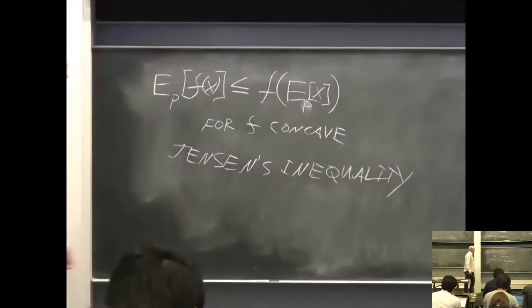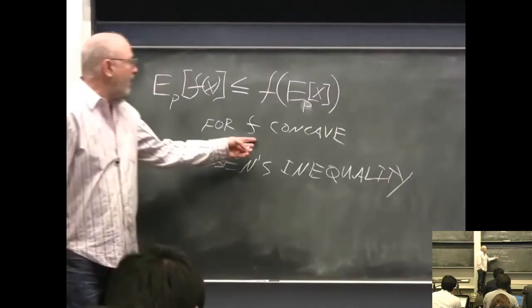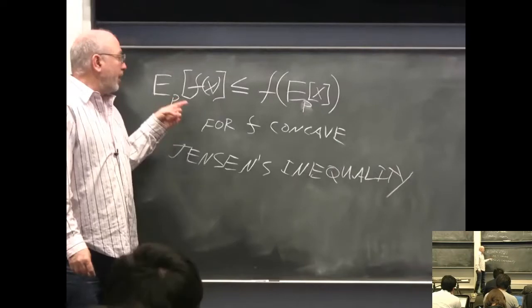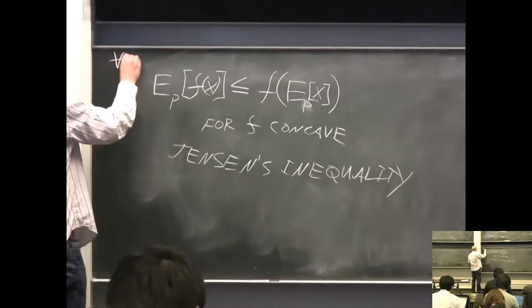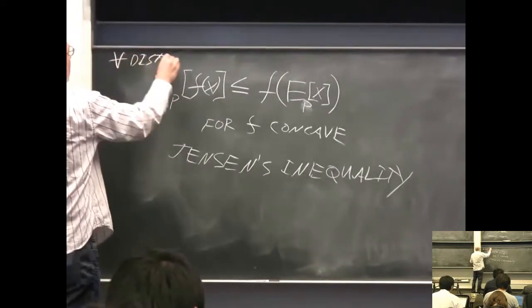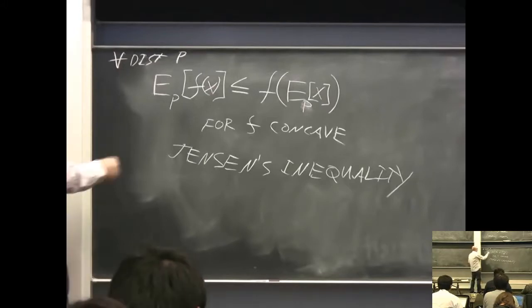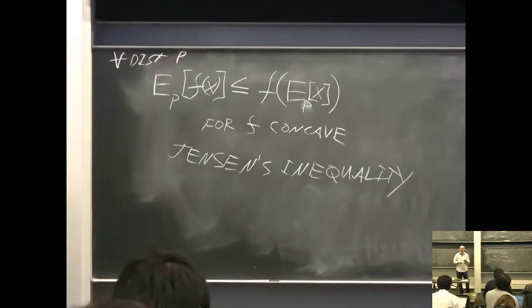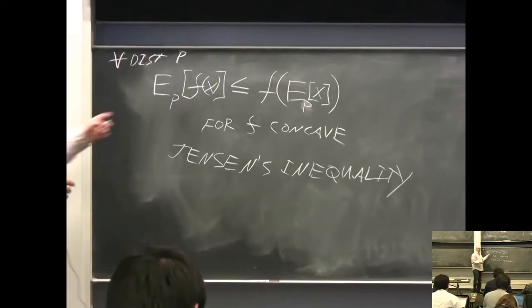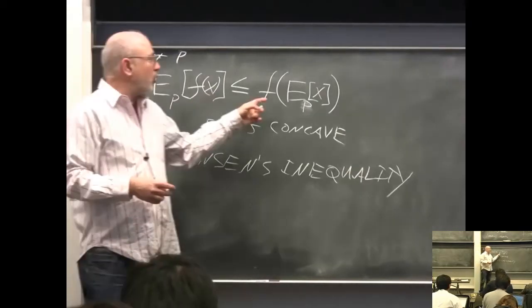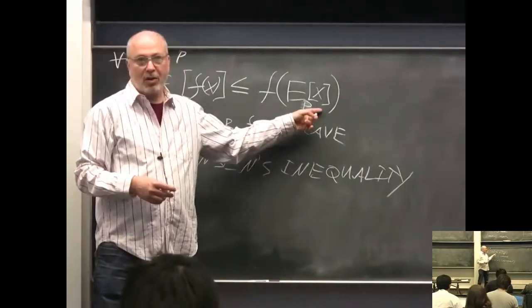Jensen's inequality says that for a concave function f, and for any distribution p, what we called lambda before, you can relate... So that's the beauty of it. It doesn't matter what distribution p. For any distribution p, it could be a discrete distribution or a continuous distribution, the expectation under the distribution of f of x can be related to the f of the expectation of x through this direction of inequality.